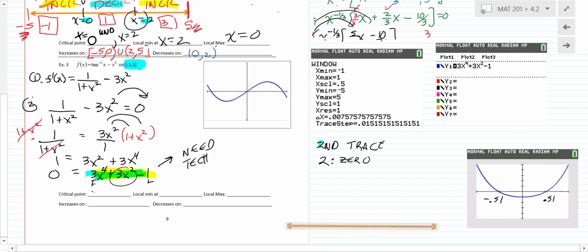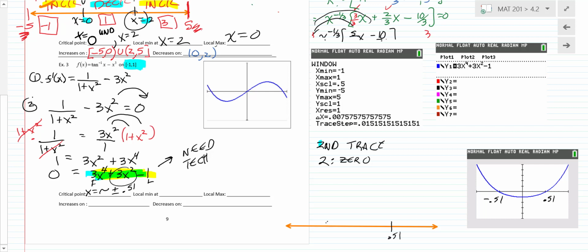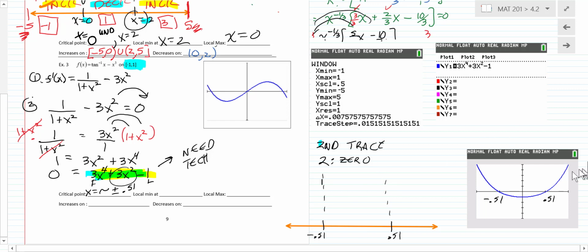What we have then is approximately plus or minus 0.51. Those are the two critical points we have. So I'm going to put like 0.51, these are approximate, and -0.51 like that. Okay? Now see what I just did is I just graphed that derivative, okay, right there.